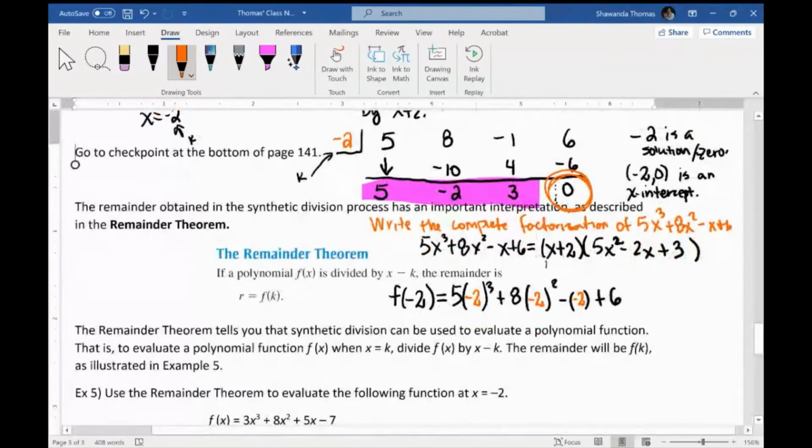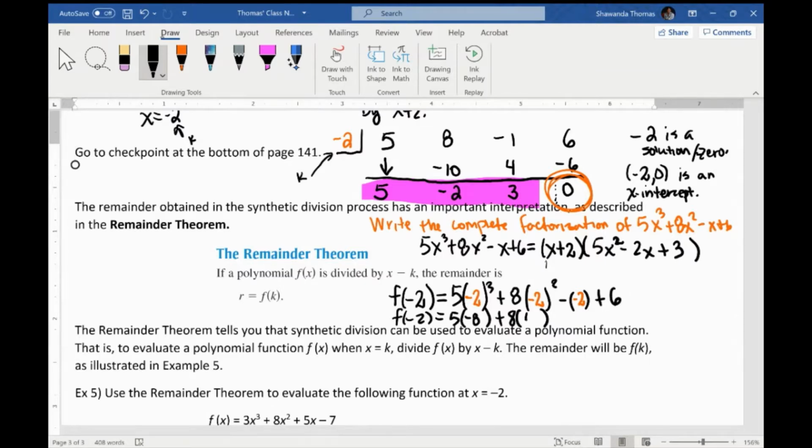All right, so let's prove it. We're going to evaluate it the long way. f of -2 equals 5 times, what's -2 cubed? -8. Plus 8 times -2 squared. What is that? 4. Then we have a negative of a -2 right here. We're going to change that to +2 plus 6.